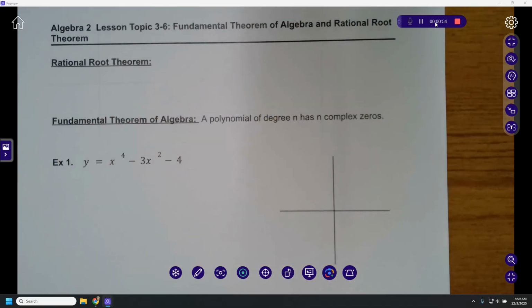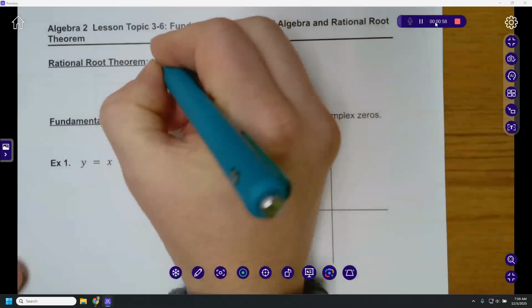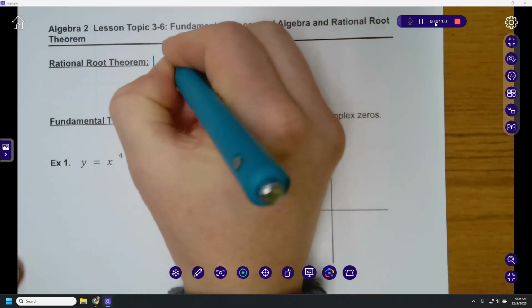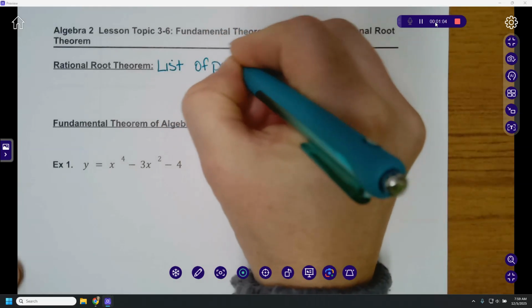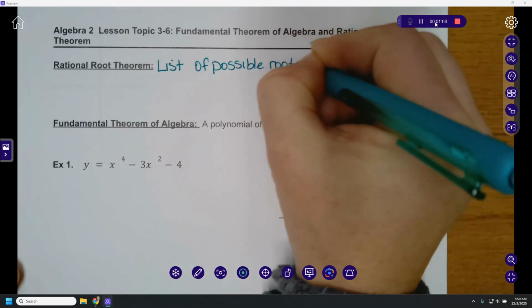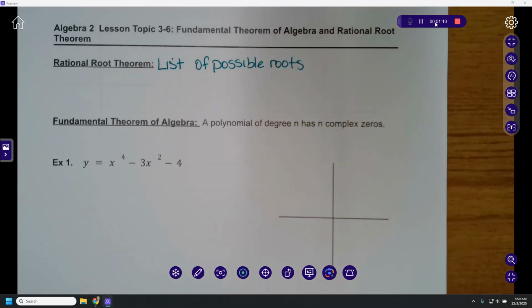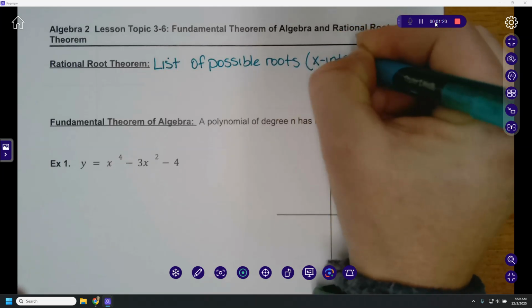And what the rational roots theorem tells us is it gives us a list of possible roots. And I'm just going to pause for a second because the word root means multiple things. What am I talking about? I'm talking about, on a graph, x-intercepts.